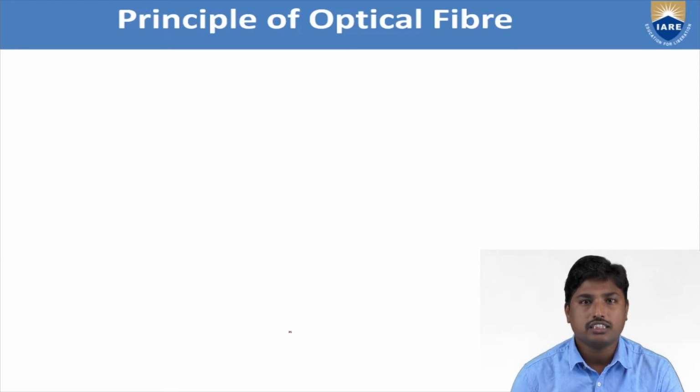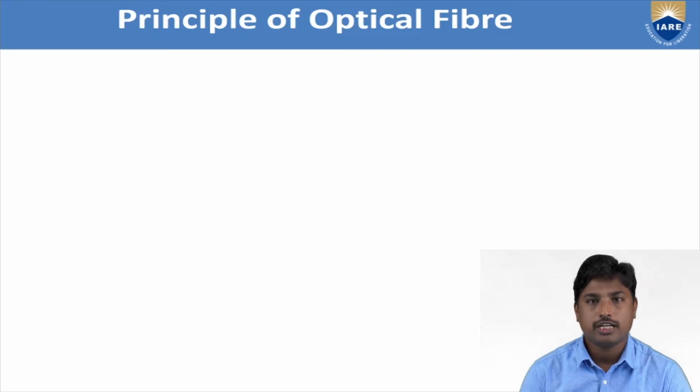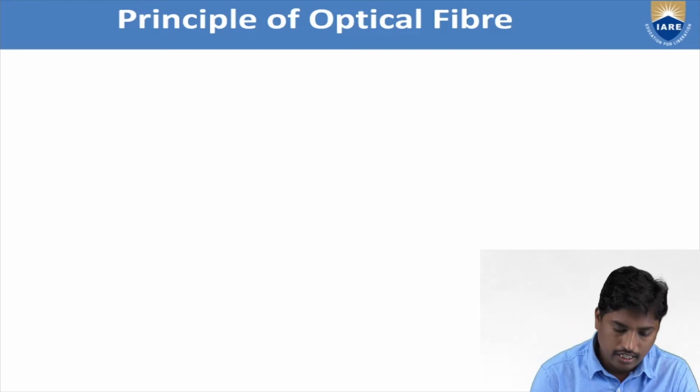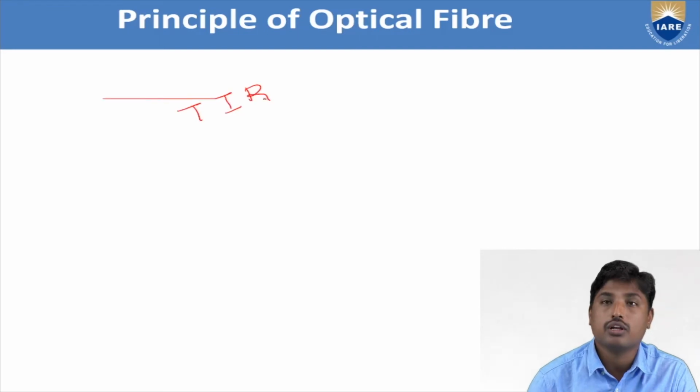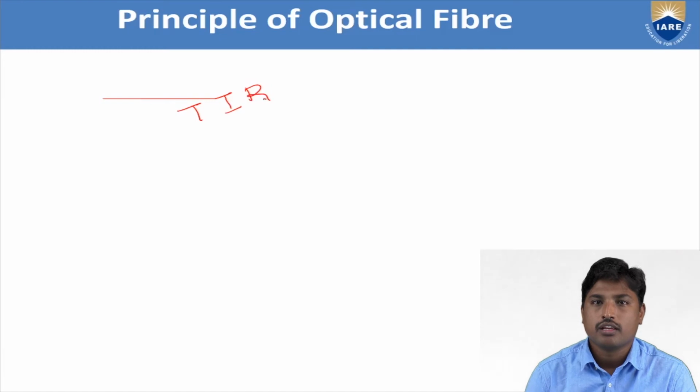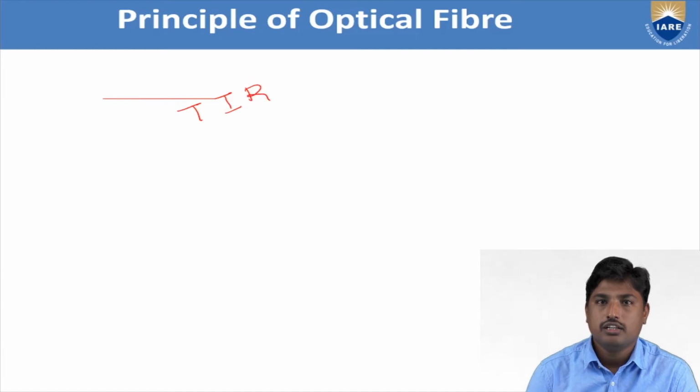When the light ray satisfies these two conditions, total internal reflection takes place.